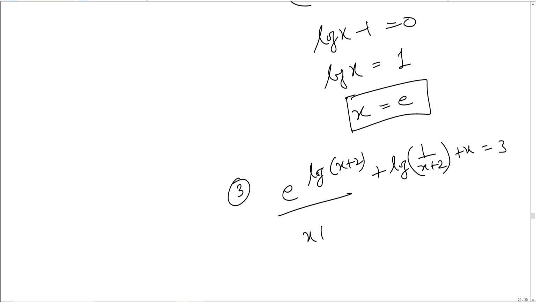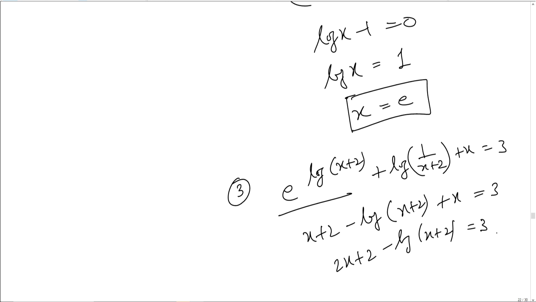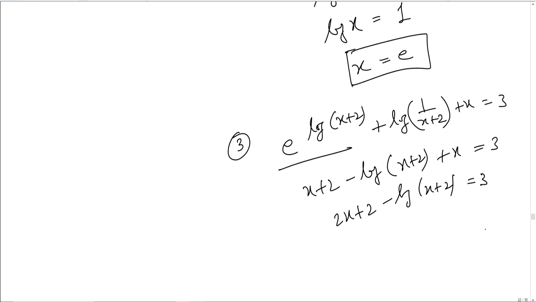This can be rewritten as minus log (x plus 2), because (x plus 2) to the power minus 1 is written as minus log (x plus 2), plus x equals 3. This would become 2x plus 2 minus log (x plus 2) equals 3. Oh, sorry. So, this would be actually difficult because here you have a log term, here you have an x term, right? So, this is not easy.